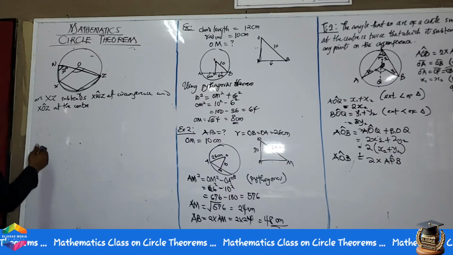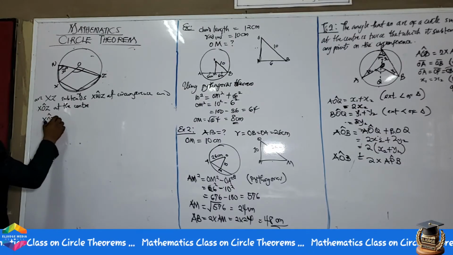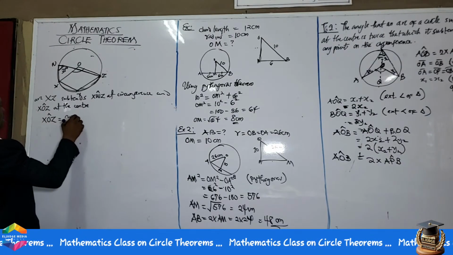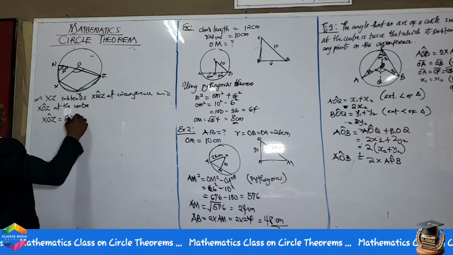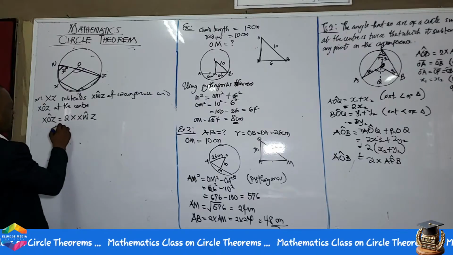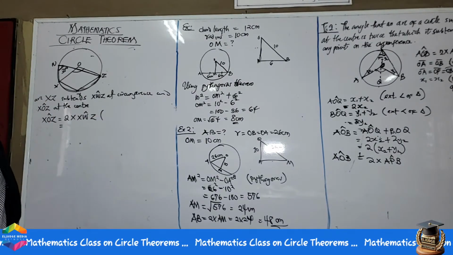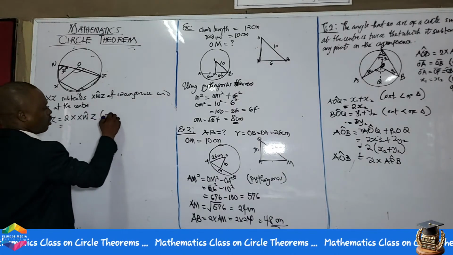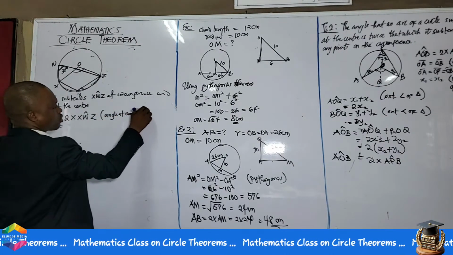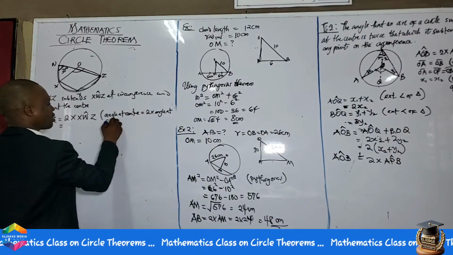So in this case, we can say that XOZ is equal to 2 times angle XWZ, and we can write it as: angle at center equals 2 times angle at circumference.